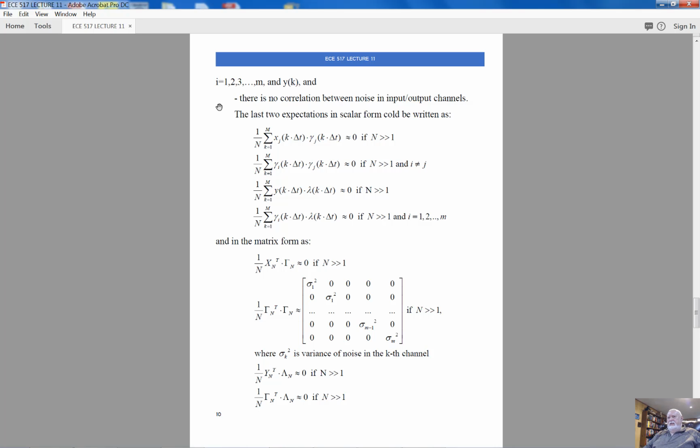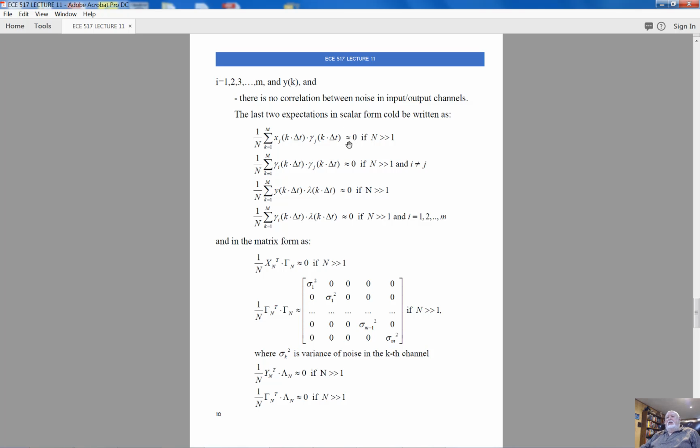What is implied? The implication is this. Look, I'm trying to compute the covariance element describing the relationship between X in the channel number J and Y in the channel number J. Y is the noise. So if I add together products of X times Y, and the result is divided by the total number of observations, we're supposed to get zero.